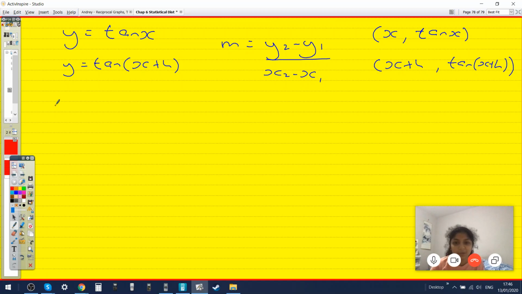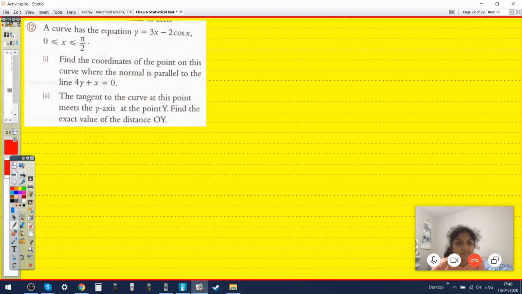Like the second one, and so y2 minus y1 over x2 minus x1, and then you just go from there. It comes from changing y over changing x.